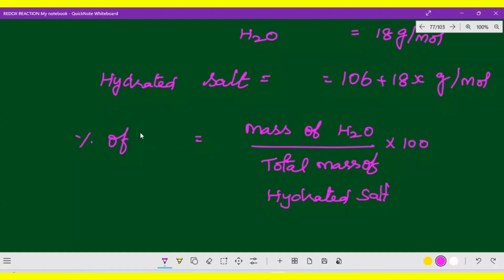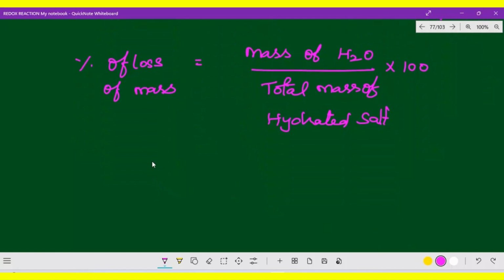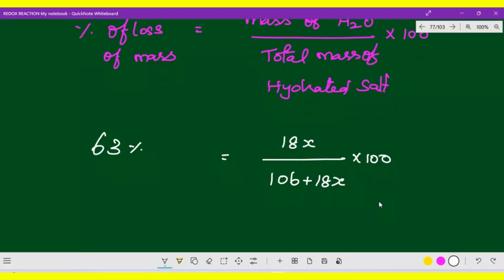Now here, percentage of loss of mass, how much did they mention? 63%, right? So 63% equals mass of water, which is 18x, x we just mentioned, and total mass of hydrated salt, which is 106 plus 18x, into 100, right? Got it? Okay, can we bring that idea?